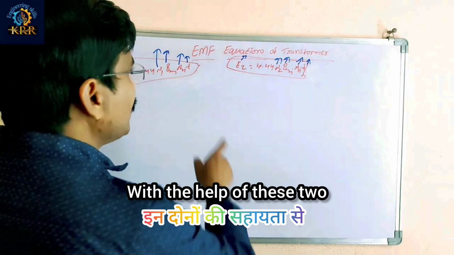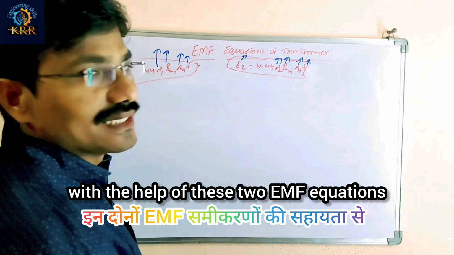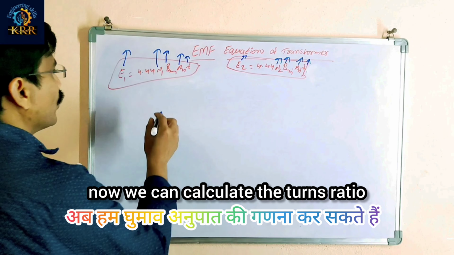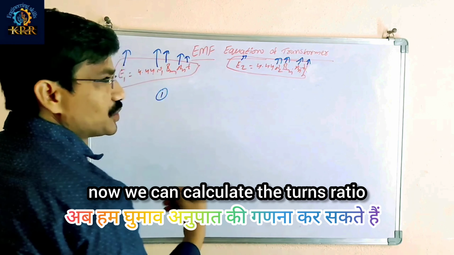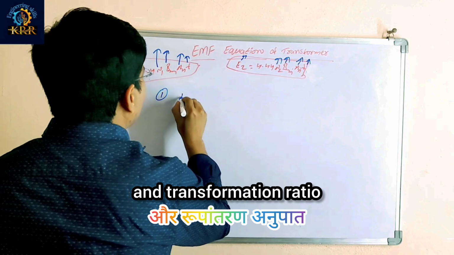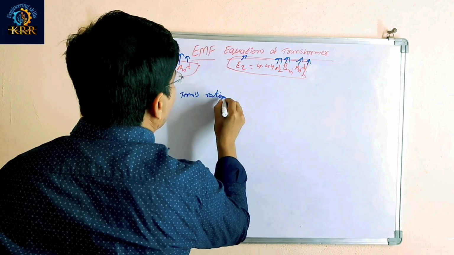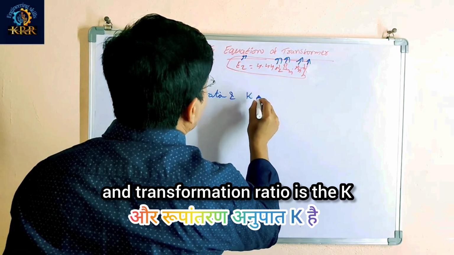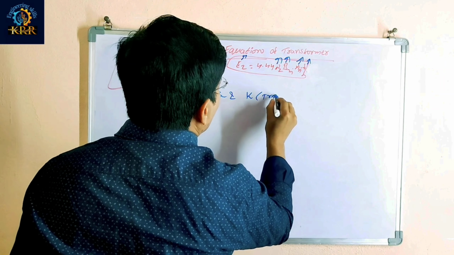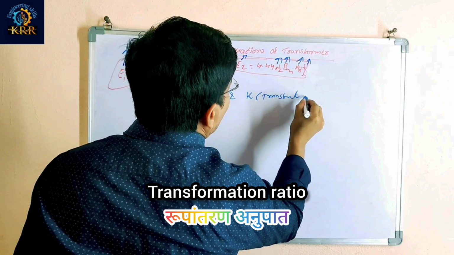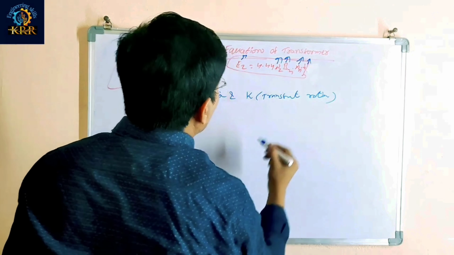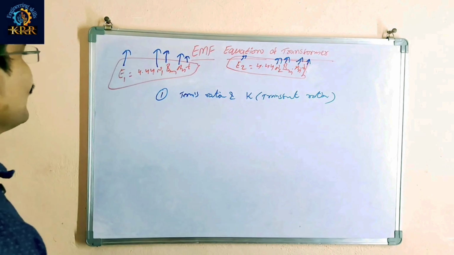With the help of these two EMF equations, now we can calculate the turns ratio and transformation ratio. Turns ratio and transformation ratio is the K. How to get it?